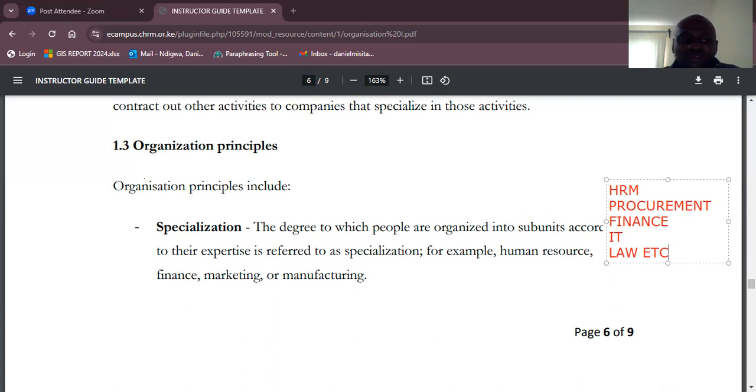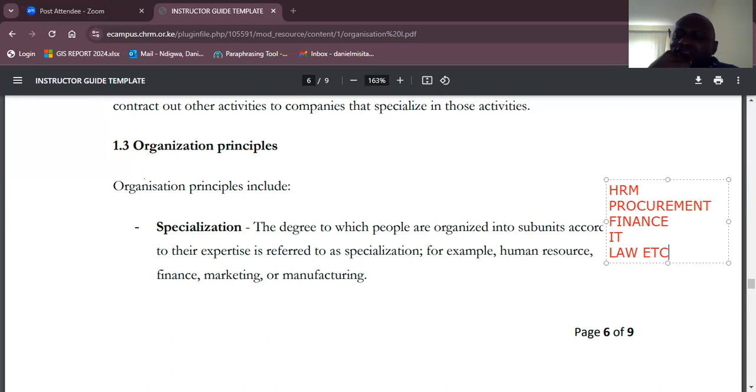Then you also need to do a professional course, which you are doing right now, the Certified Human Resource Professionals. And you must also have a practicing license from the same body. If you're in procurement, you also need to be a member of the Kenya Institute of Supply Management. And you also need to have completed a course called Certified Procurement and Supply Professionals of Kenya. And you also need to be registered as a practitioner.